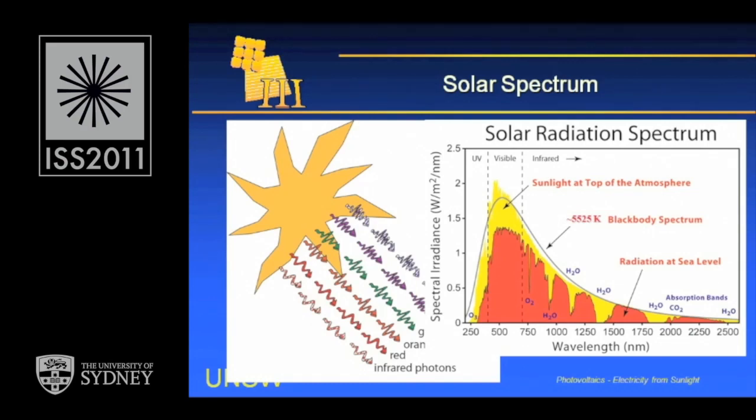But water vapour and carbon dioxide in particular cause these other well-defined absorption bands in the spectrum. So only about 70 or 75% of the sunlight striking the outer atmosphere actually makes it down to the Earth's surface. And this is the radiation that solar cells here on Earth have to work on.